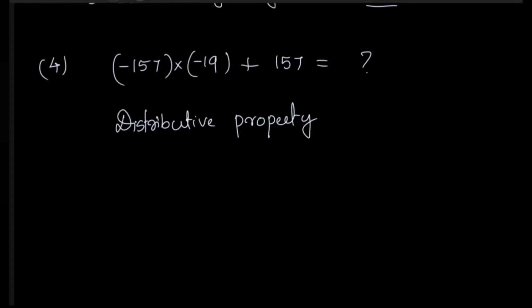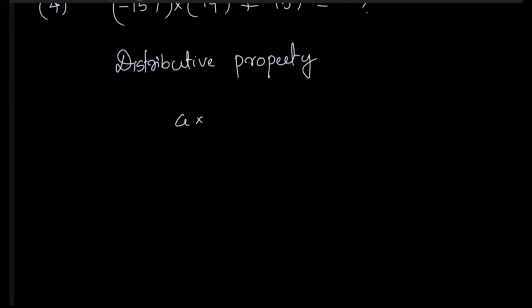The distributive property is: A into B plus C equals, distributing this multiplication over addition, A into B plus A into C. That is, multiplication is distributed over addition, so each term in the bracket is multiplied with A.